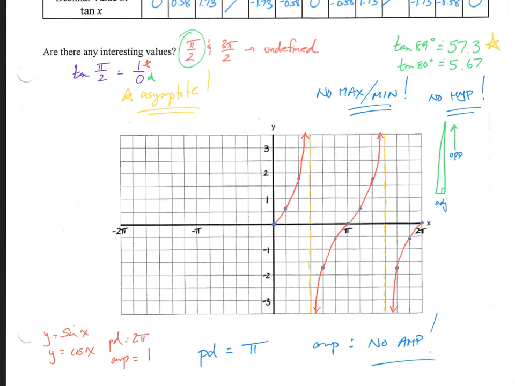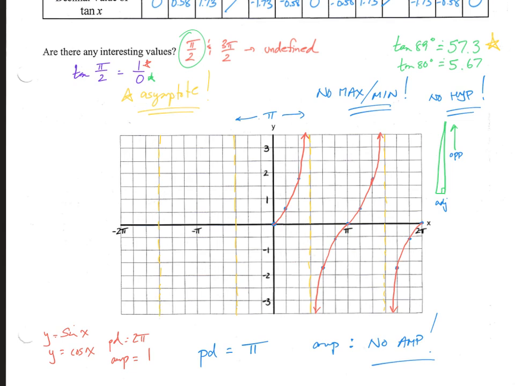So if I were to rotate back to negative pi by 2, my rotation arm is vertical. That means it's an asymptote. But also I notice that I am pi units apart from my previous asymptote. Then I know that another pi units, the next time my rotation arm is vertical, at 3 pi by 2, I have another asymptote.